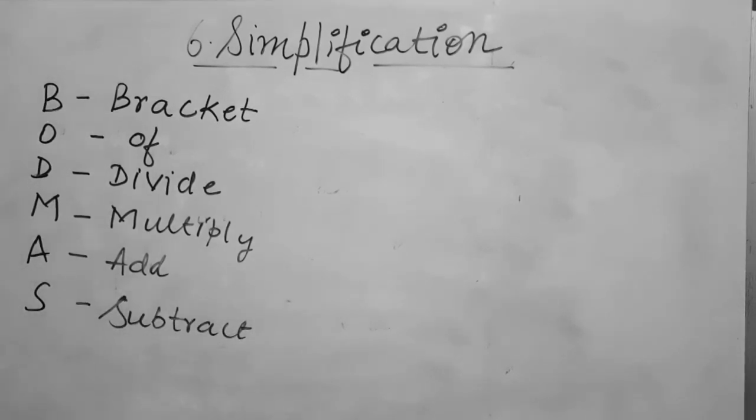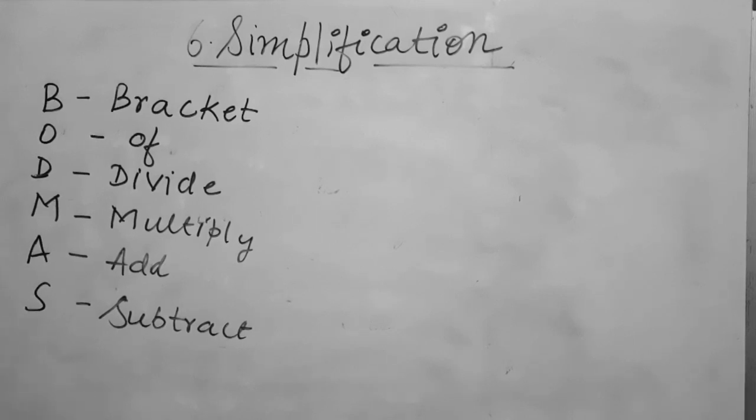So as per the BODMAS rule, if you get a numerical expression containing all the signs of mathematical operations, that is divide, multiply, add and subtract, if all of them are given, then first you have to divide, then you have to multiply, then you have to add and then you have to subtract.